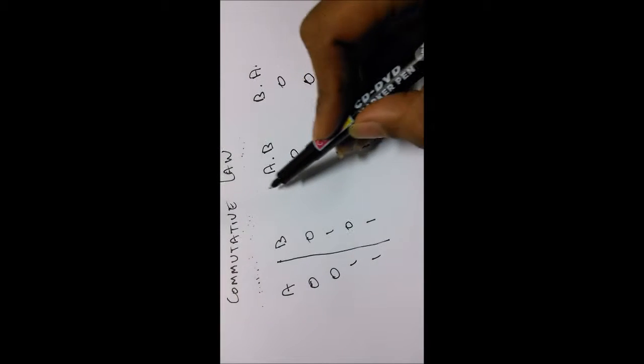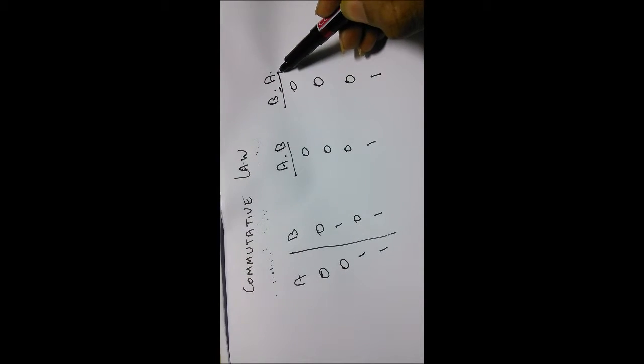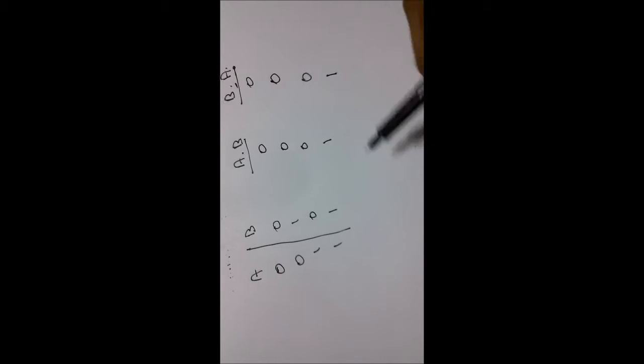Since A dot B and B dot A are equal, this proves the commutative law.